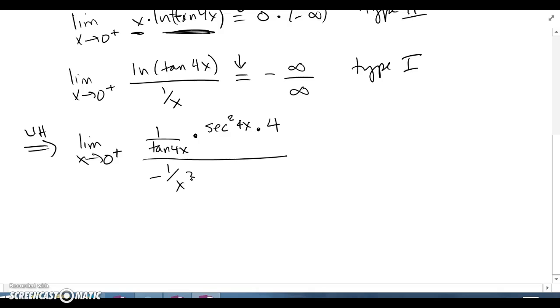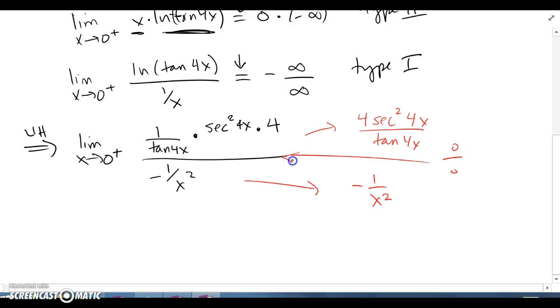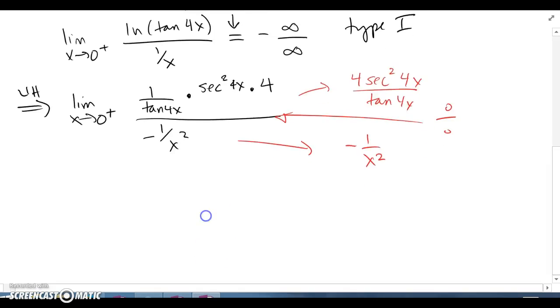Now I have to do some algebra to change this complex fraction into something a little bit more manageable. So in the numerator, I have 4 secant squared 4x upstairs, and downstairs I have tangent 4x, and in the denominator I have negative 1 over x squared, and I'm dividing these two because that's what that bar says.